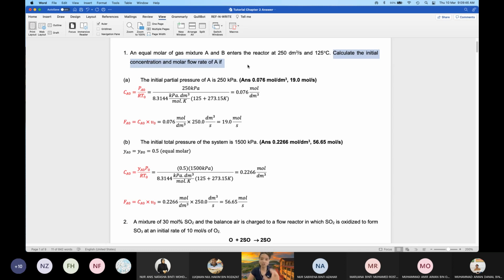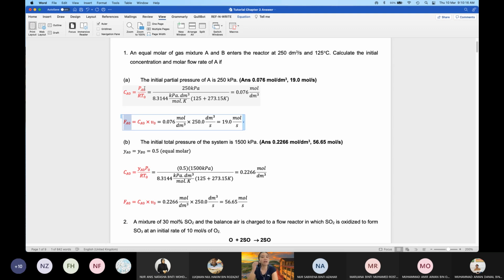Since they say initial concentration of A, they want us to find CA0 first. Second, they want us to find the initial molar flow rate of A. For molar flow rate, we use F. Molar flow rate of A, F subscript A. Initial molar flow rate of A, FA0. So the question wants us to find CA0 and FA0, the two things that we need to find.